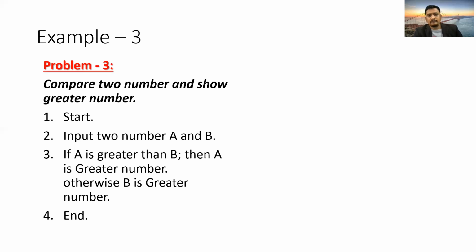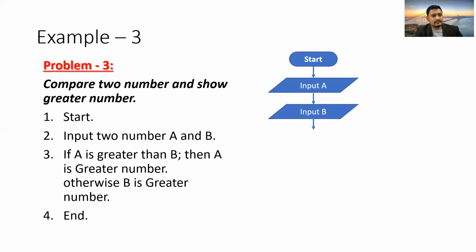Okay. So if you represent this by using a flowchart, then we will get it like this. It will start. It will take input by using the input symbol you are watching here, the parallelogram. And then again it will take input B. Now it will go to the decision. So the diamond symbol, or you can say the decision symbol.